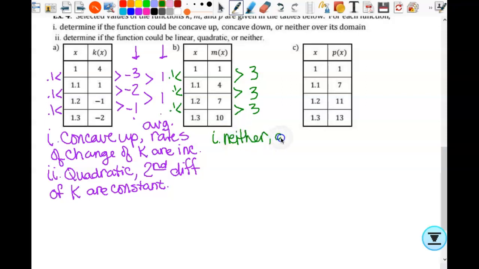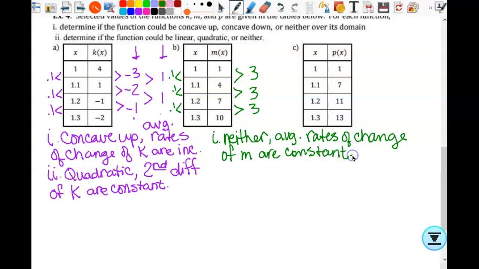And then I say the average rates of change of M are constant. Okay, so my first differences are constant, and since it can't be concave up or concave down, what does it have to be? Linear.